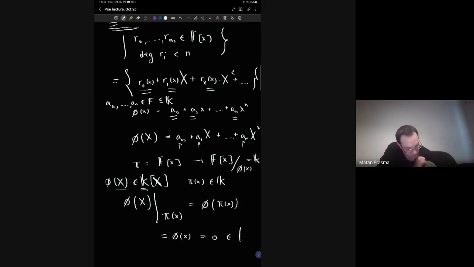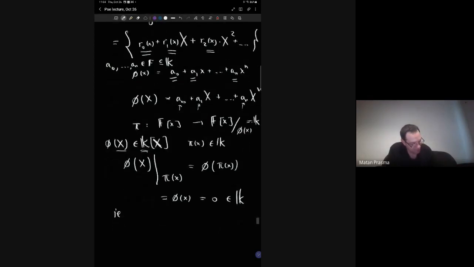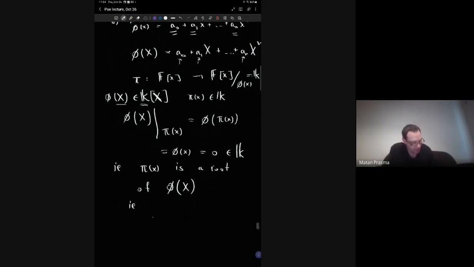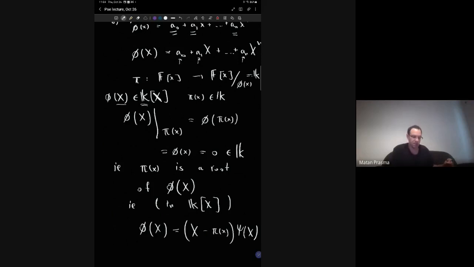So what we got is that pi x is a root of phi capital X, i.e., in k, I can write phi of X to be X minus pi x times some other polynomial psi of X. That's what it means that a polynomial has a root.